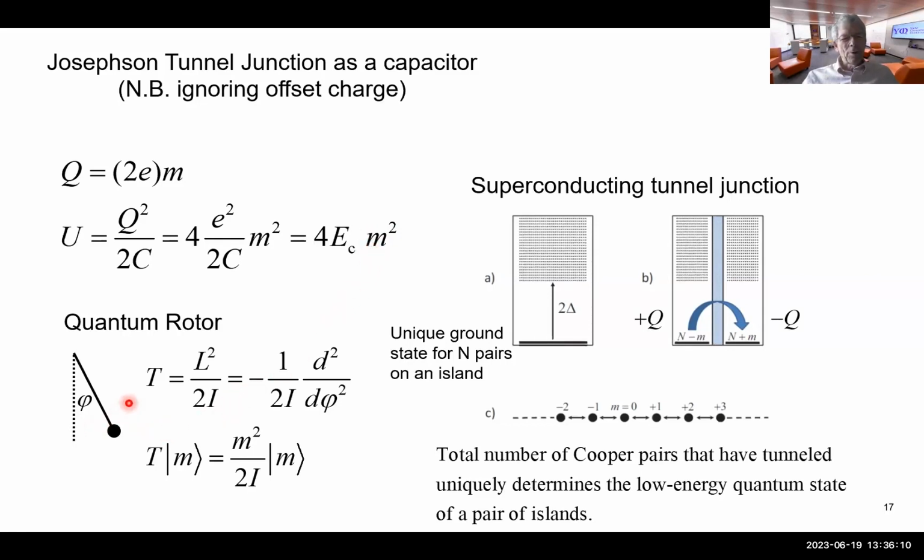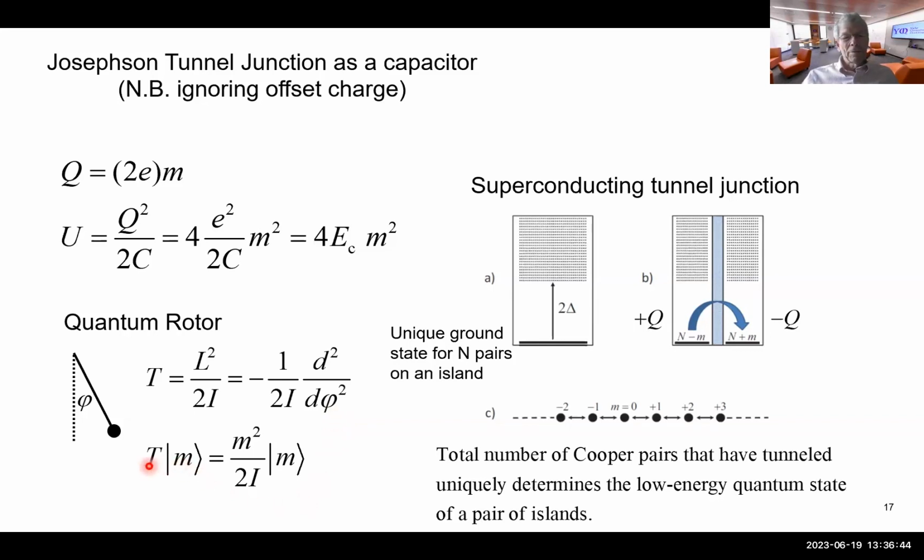For the quantum rotor, the kinetic energy is the angular momentum squared over twice the moment of inertia. The angular momentum is minus i d/dphi as an operator, just like minus i d/dx for linear momentum.